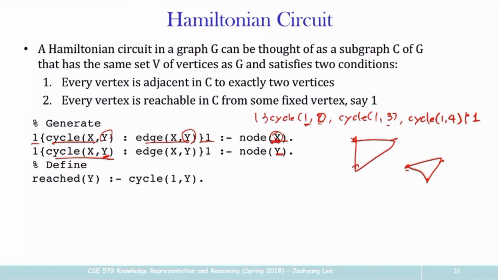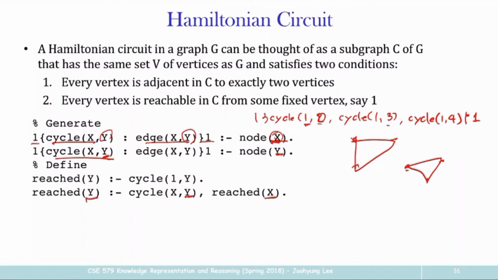Because if you chose this edge 1, y, that is in the Hamiltonian circuit, then y is reached. So every path of length 1 is covered here. And then you have to do the recursive case. If x is reached from vertex 1, and x and y are connected, or you can go from x to y, then you can reach y.